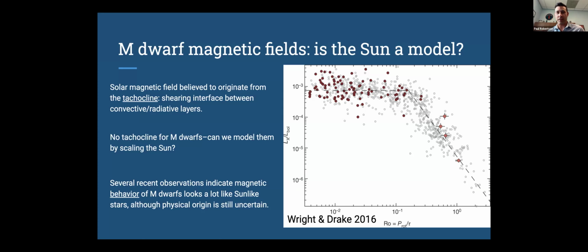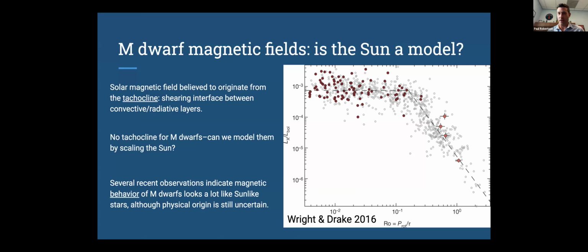But this is essentially showing us that stellar magnetic activity for M dwarfs, which are here color coded with red points, FGK stars are in gray, is connected to stellar rotation. So at some point, with rapid rotation, you saturate, and then it drops off as the stellar rotation slows.